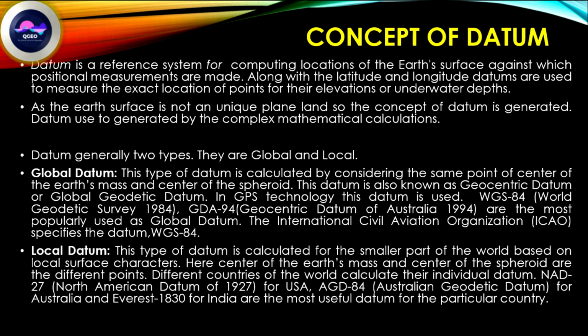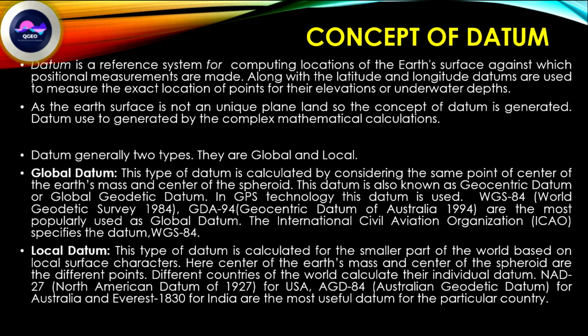Local datum. This type of datum is calculated for a smaller part of the world based on local surface characteristics. Here the center of Earth's mass and the center of the spheroid are different points. Different countries of the world calculate their individual datum.